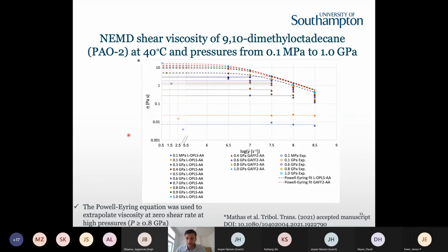Now, this graph here shows the viscosity at 40 Celsius for the pressure range. On the x-axis, we have the logarithm of the applied shear rate, and on the y-axis we have viscosity. Squares are experimental values for PAO2 lubricant, circles are the simulation results with L-OPLS, and triangles are the GAFF results.